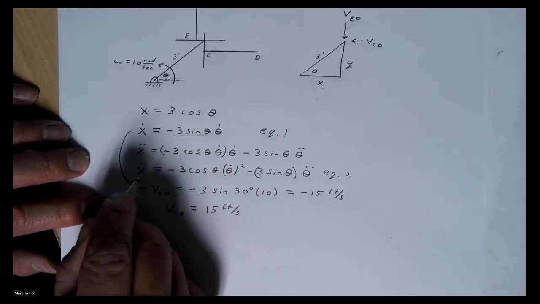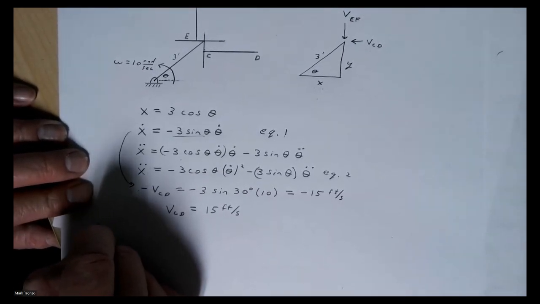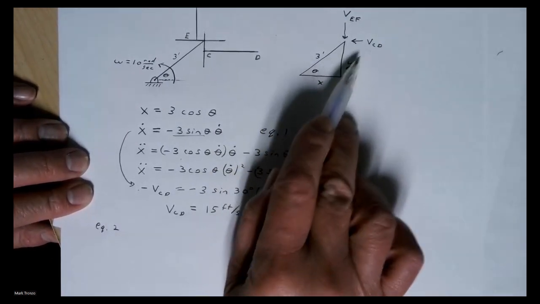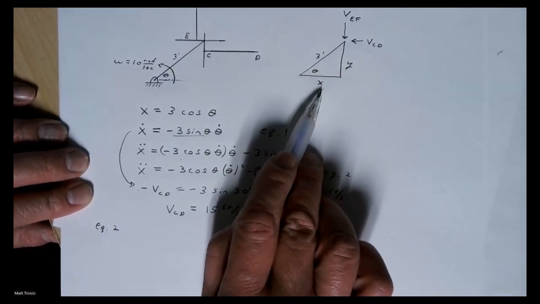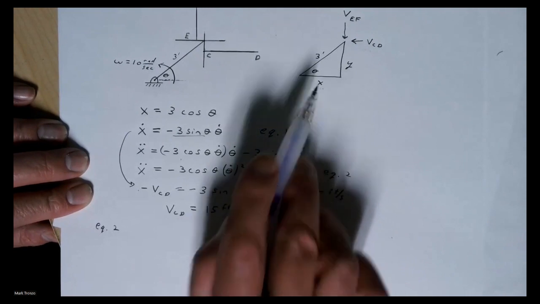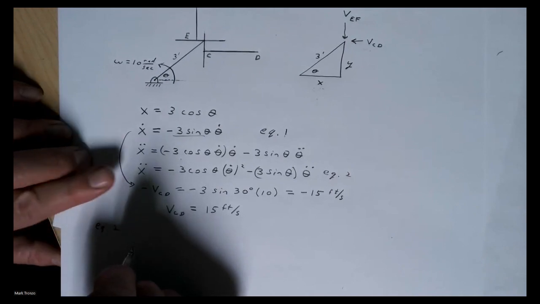Then for the other equation, look at equation 2. Once again, as this is accelerating, this is going to the left in the same amount. So it's shortening.